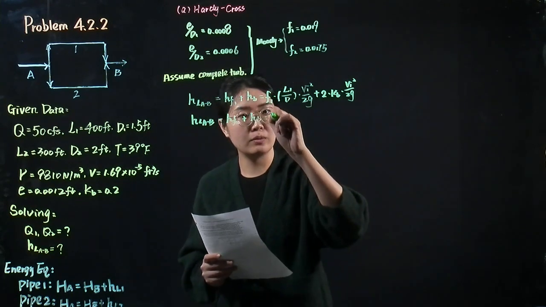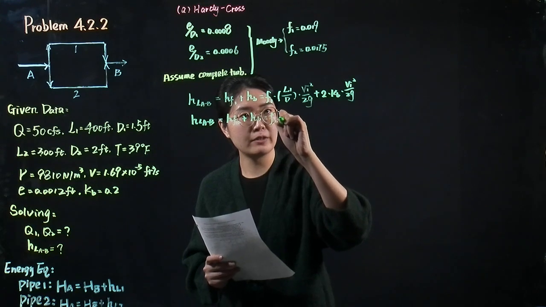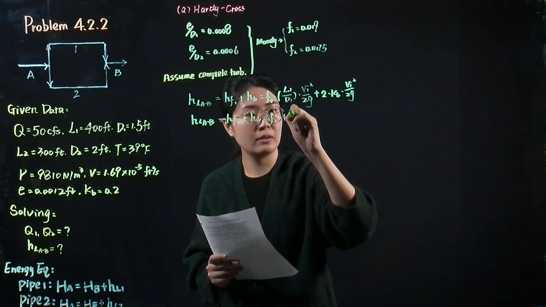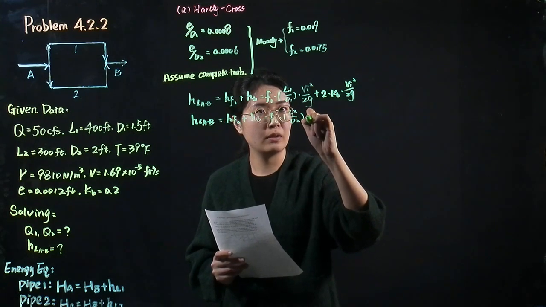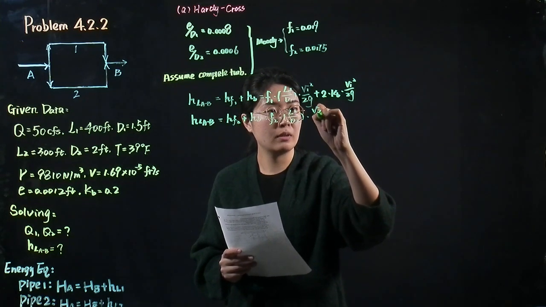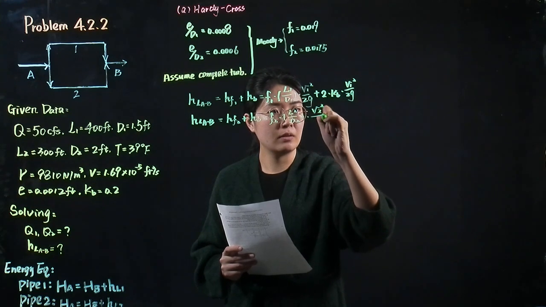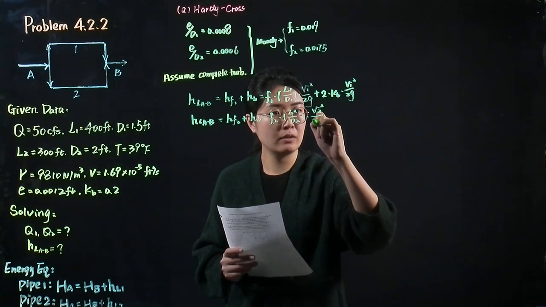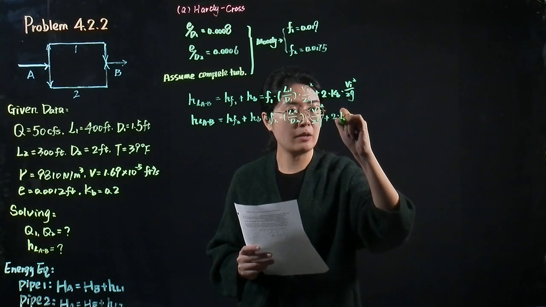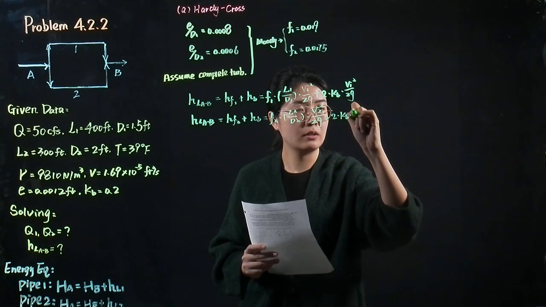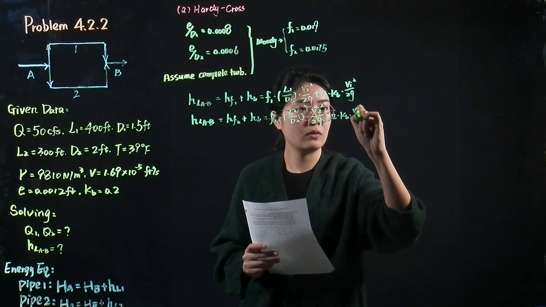It equals friction factor times L2 over D2 times velocity squared over 2g plus 2 times coefficient times the velocity head.